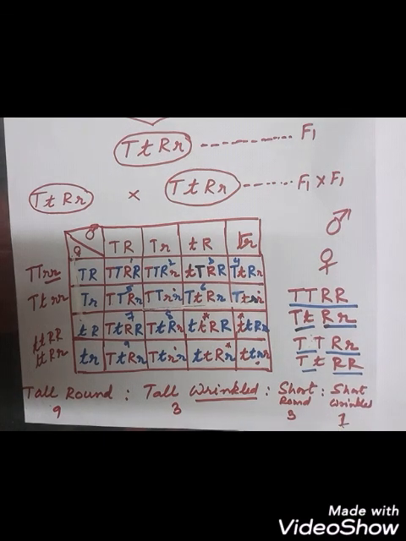Now this ratio is fixed for Mendel's dihybrid cross when you have a dominant pair of contrasting characters in one parent with the recessive one in the other. Whatever we are taking on the dominant side, we take the recessive in the other parent. So in this condition, the ratio comes to 9:3:3:1.